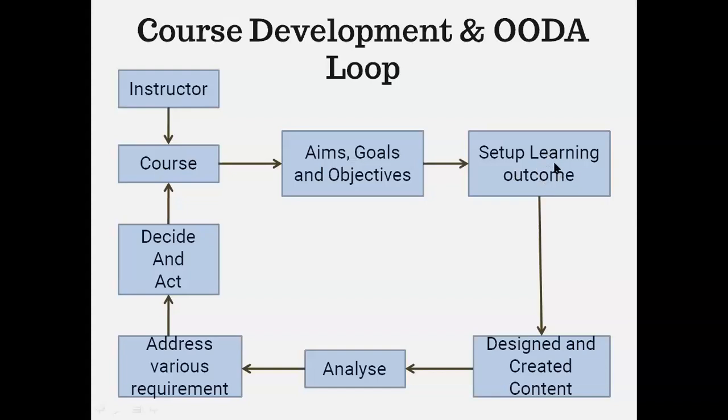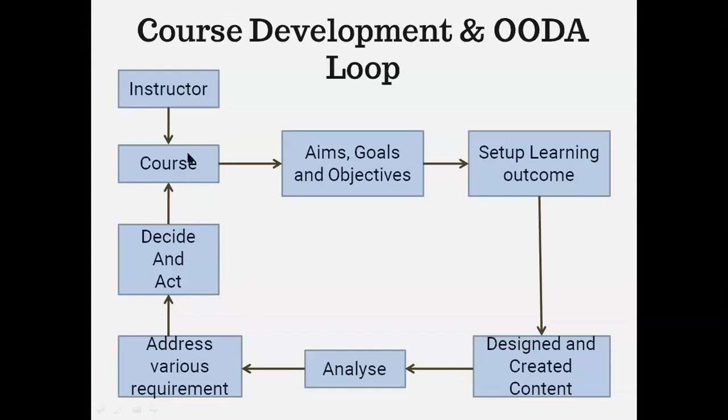Because we did a backward processing, so we decided that we are going to first decide the learning outcome, then design and create the content, analyze the content, address the various requirements. Like in this stage, in revision and review, we are doing analysis and then address the various requirements, whether we've actually been able to meet the learning outcome or not.